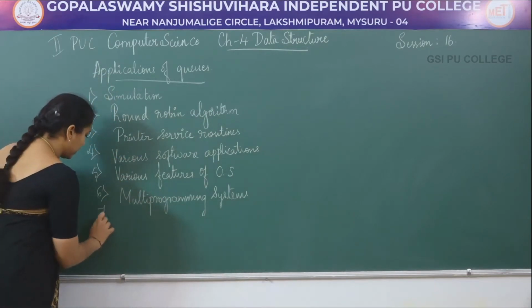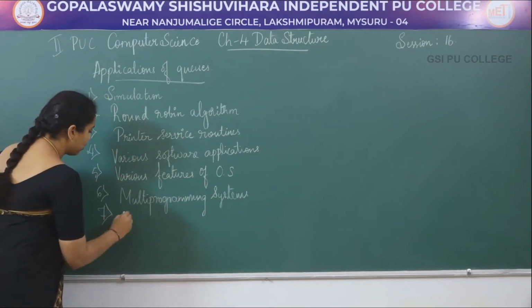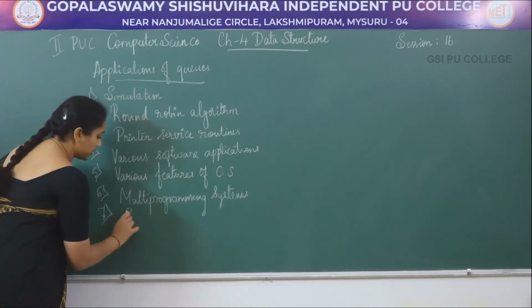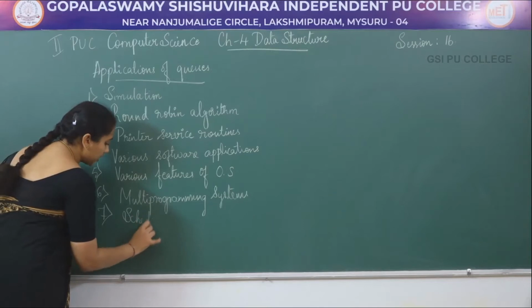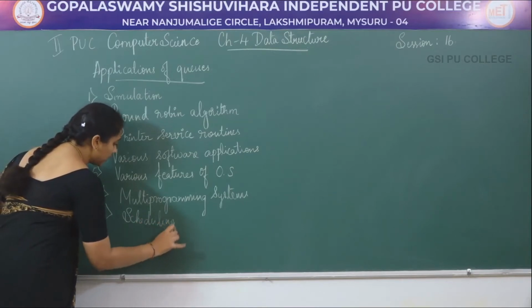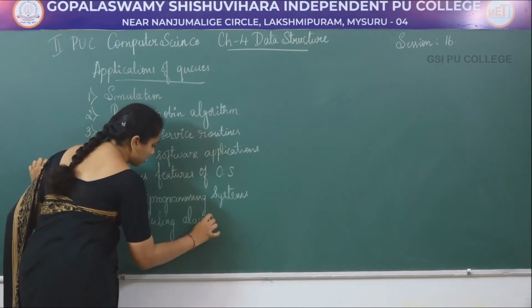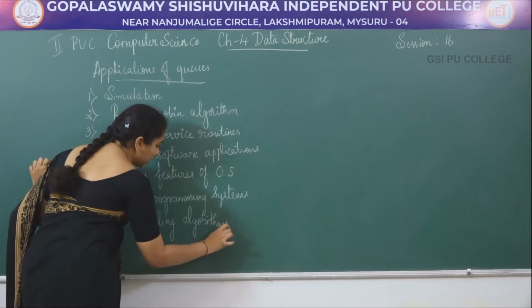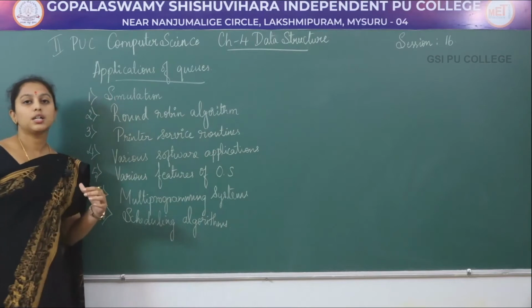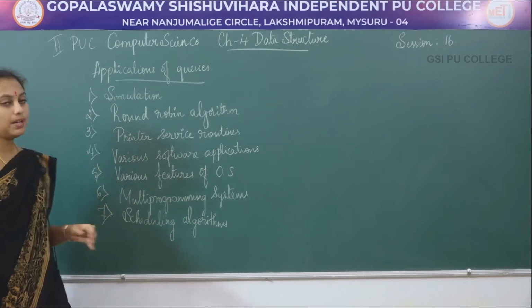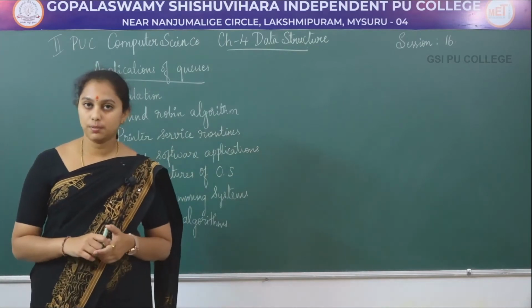Next, queues are used in different types of scheduling algorithms. Scheduling algorithms are nothing but scheduling the jobs based on the priority. So these are all the applications of queues.